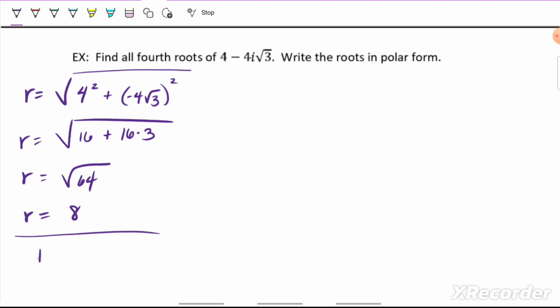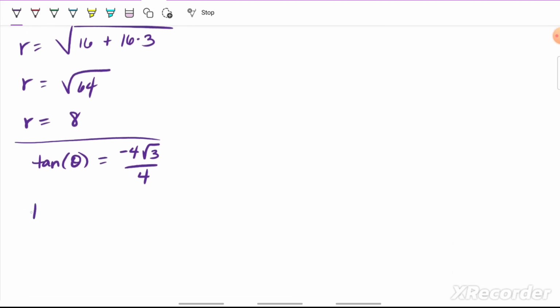We'll find our theta value using the fact that tangent of theta is equal to y over x. Tangent of theta is equal to negative square root of 3.